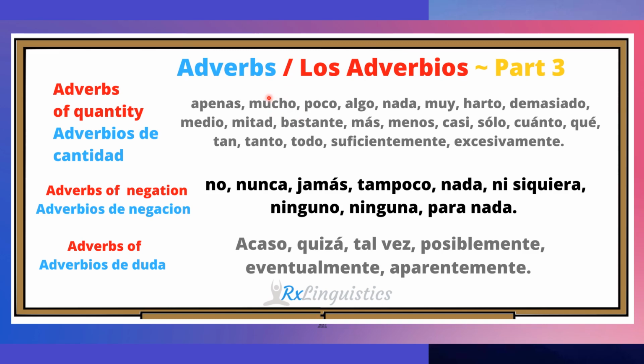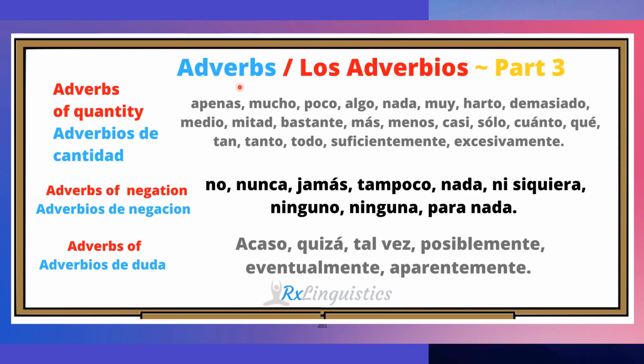If she's too chatty and you want to say ella habla mucho, the mucho describes the verb hablar. Okay? So adverbs modify verbs, they modify adjectives, like he runs fast, okay?